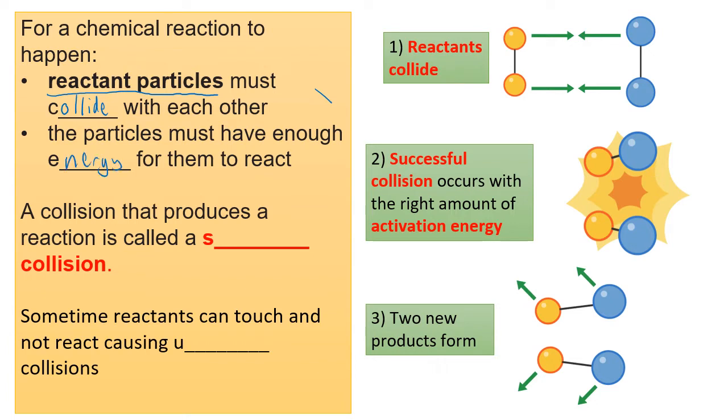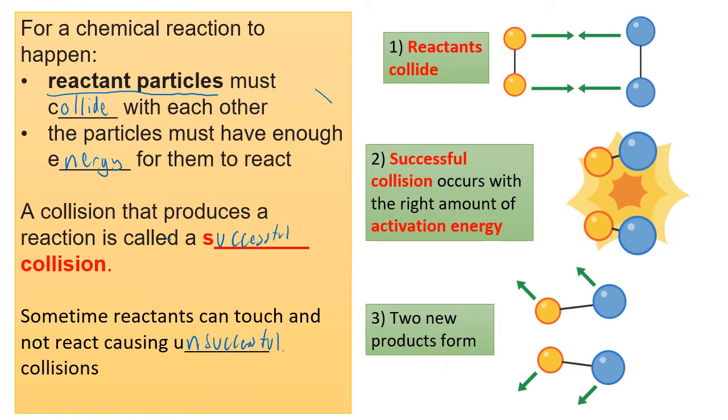If they don't have enough energy, they just bounce off. A collision that produces a reaction is called a successful collision, and sometimes reactants can touch and not react, causing an unsuccessful collision. Again, somebody will pause now so that you can make any notes you need to.